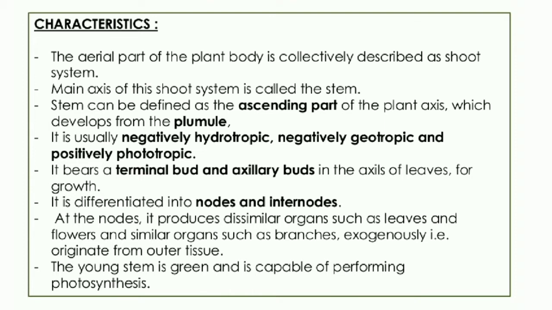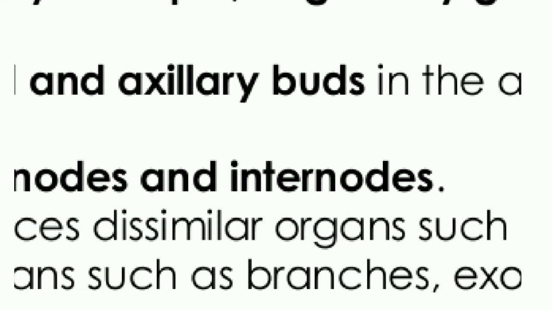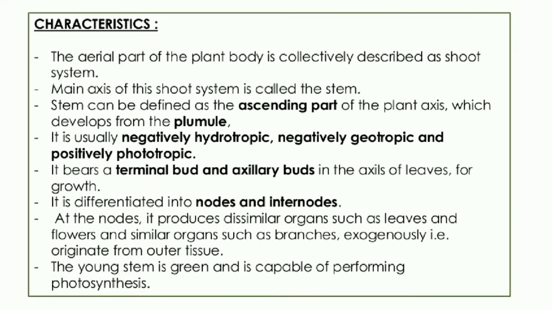Okay, here we can notice similar organs and dissimilar organs. Similar refers to the branches, dissimilar refers to leaves, flowers, etc. Sometimes the young stem is green and is capable of performing photosynthesis.